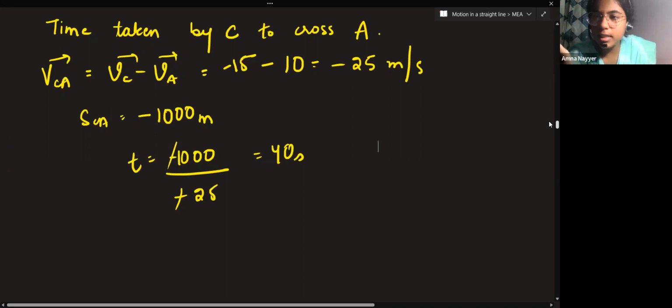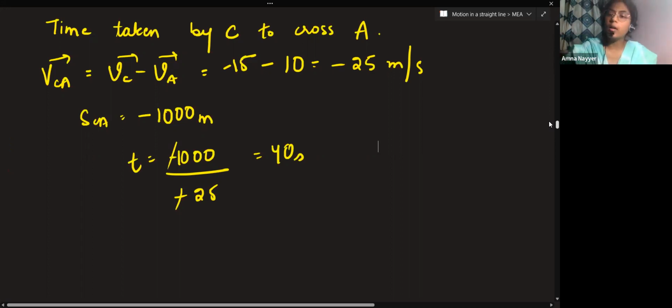If it is 40 seconds or more, even if it is 41 seconds, then by that time C will cross A. But B wants to cross A before C could cross. If car C takes 40 seconds and car B takes 41 seconds, by just 1 second car C would have already crossed.